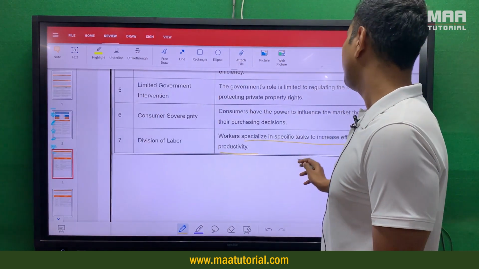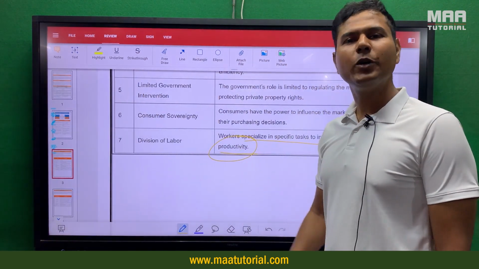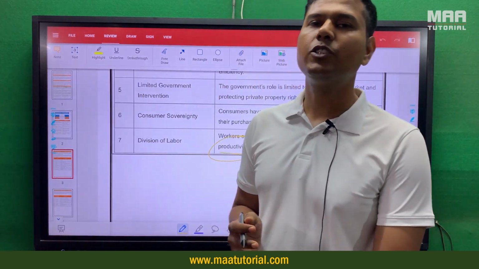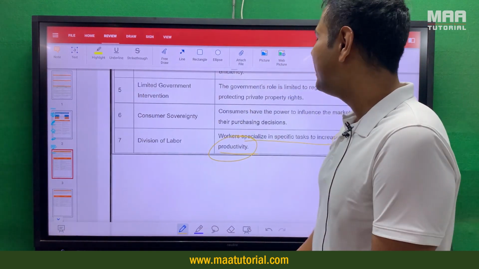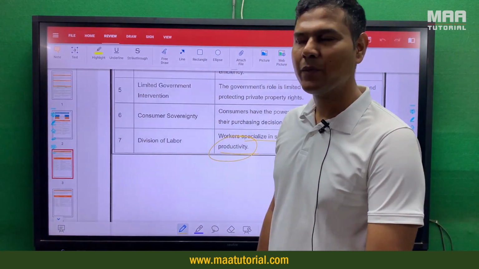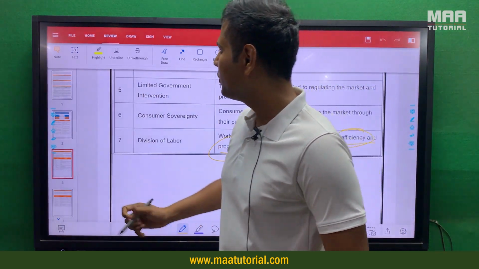I would become more efficient. I would have higher productivity compared to any other person, right? But it's not such in the different kind of economy which we'll study further. So the idea is that division of labor is clear, which helps productivity and efficiency. Let's move ahead further.